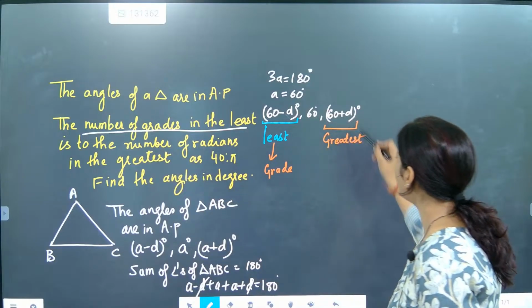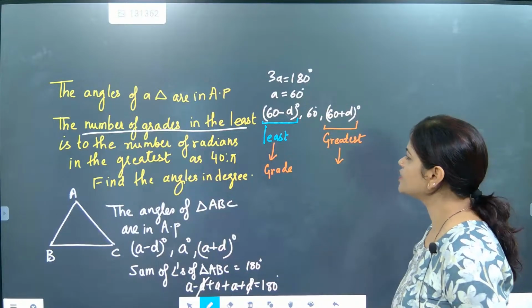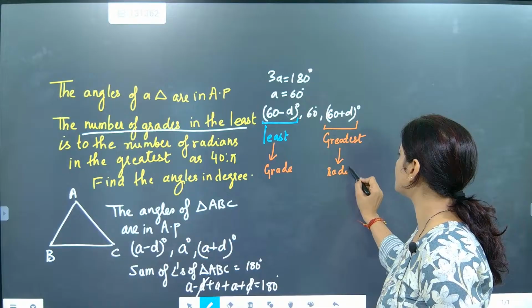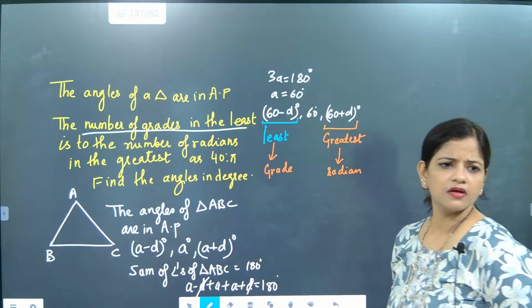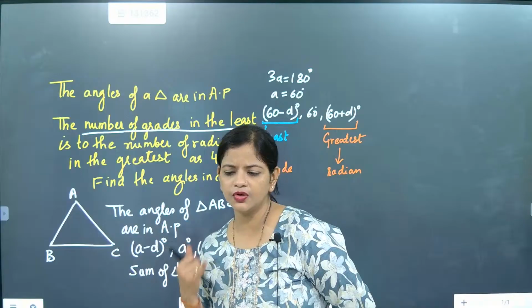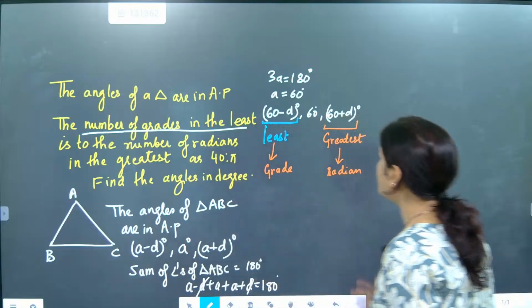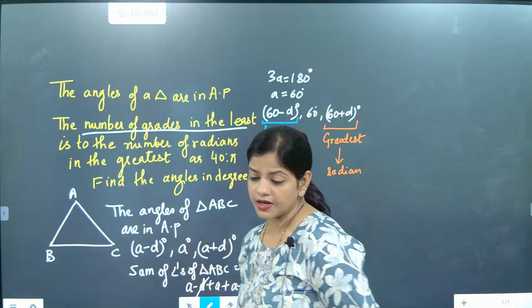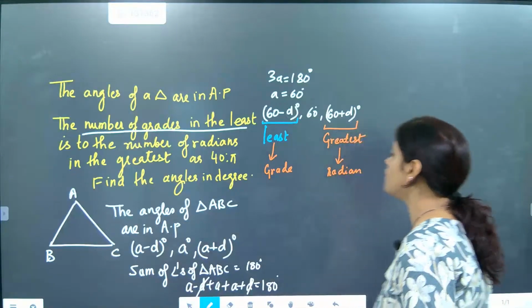And the greatest has to be converted into radian. Please remember, least is for grade and greatest is for radian.